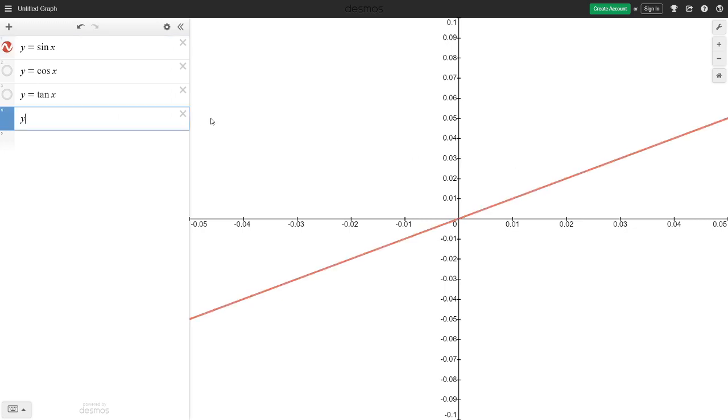So this looks like y equals x, and you can see when we zoom in very, very far, it looks like the graph of y equals x fits exactly over y equals sine x.